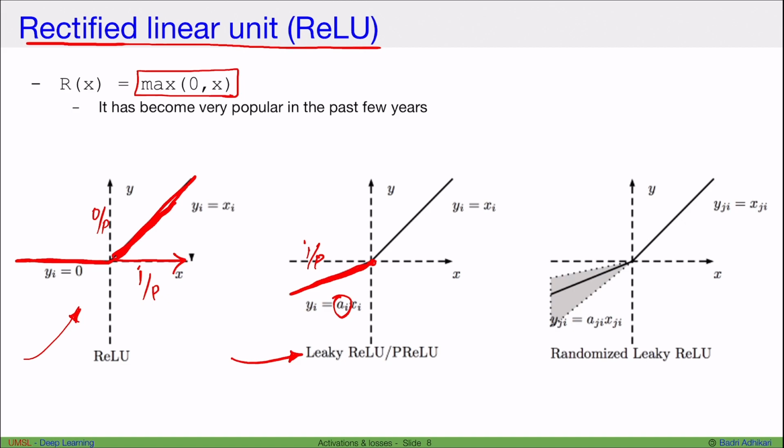Another approach is randomized leaky ReLU. That is, instead of fixing the value of a, you randomly choose a such that this score fluctuates in a certain range. But despite these variations, ReLU still remains very popular as an activation function now.